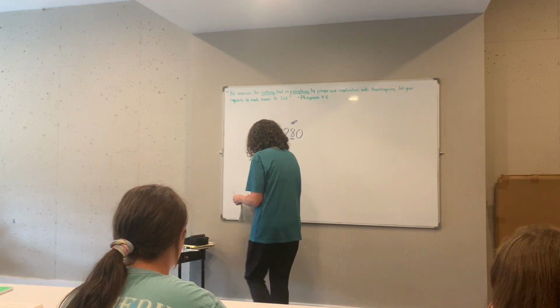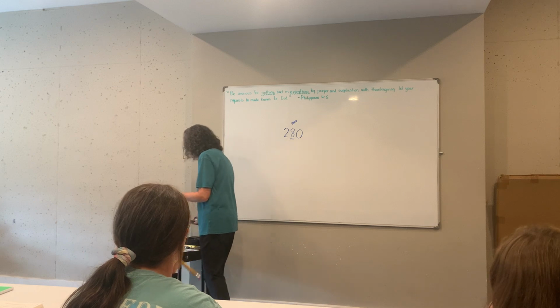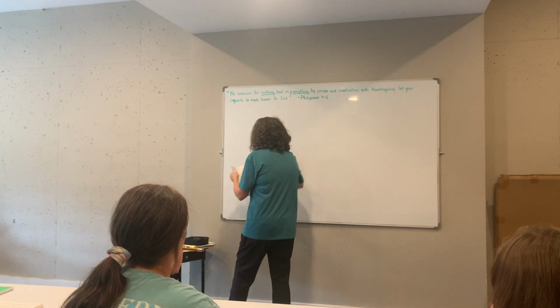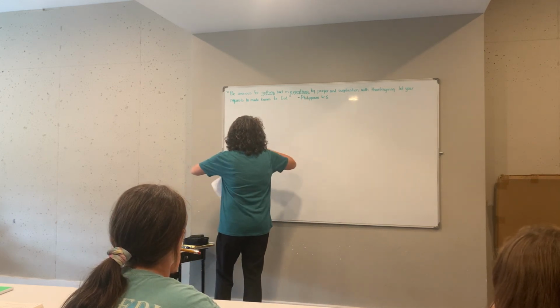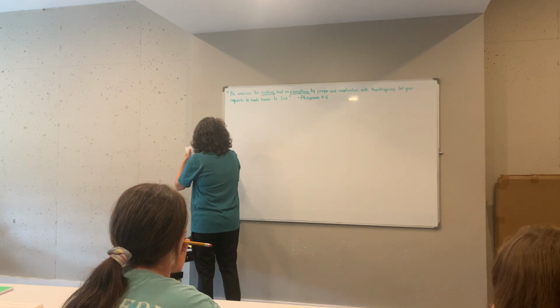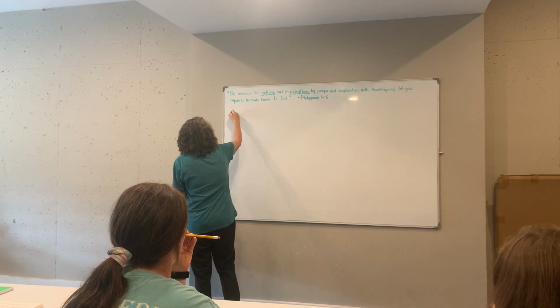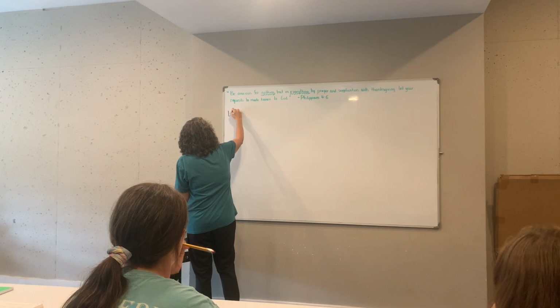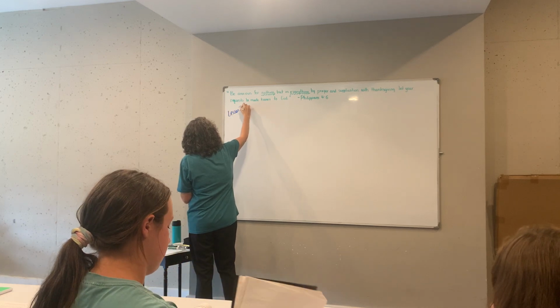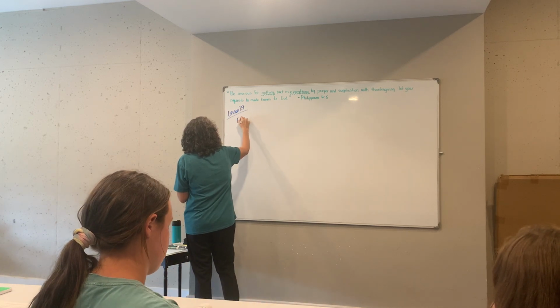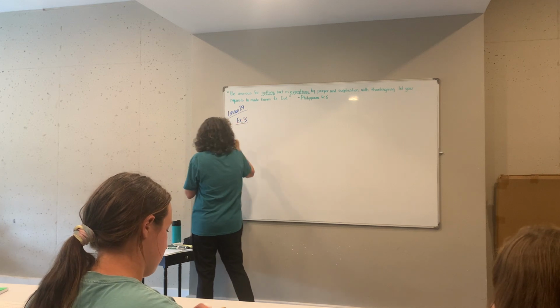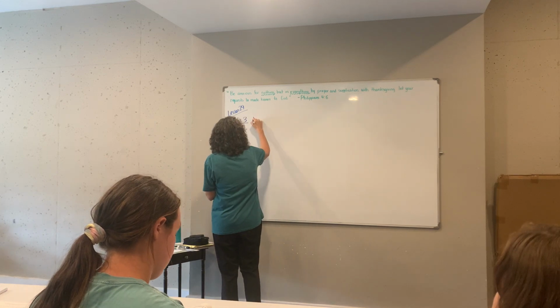Okay, let's look at this example. I do want you to write this one. This one is lesson 29, example 3. So we're going to put lesson 29 at the top of your paper and example 3, in case you want to look back at it.